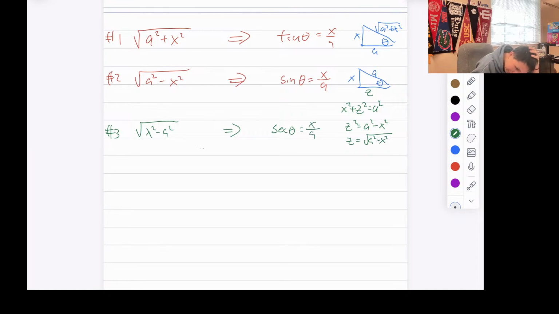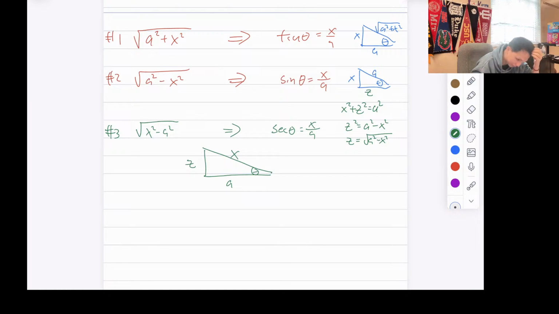Now, this has a triangle. x is the hypotenuse, a will be the bottom, and we can call the side z.